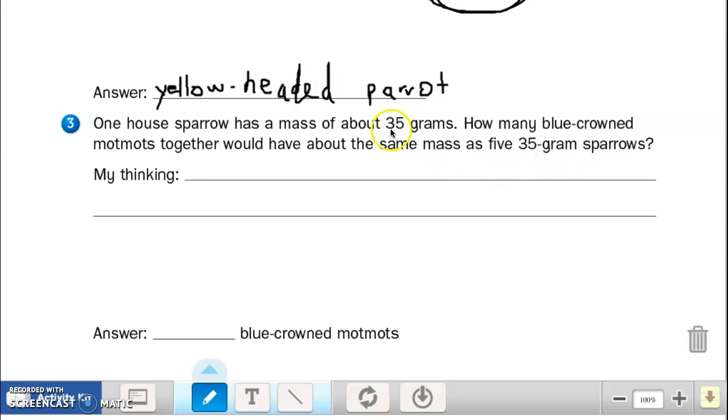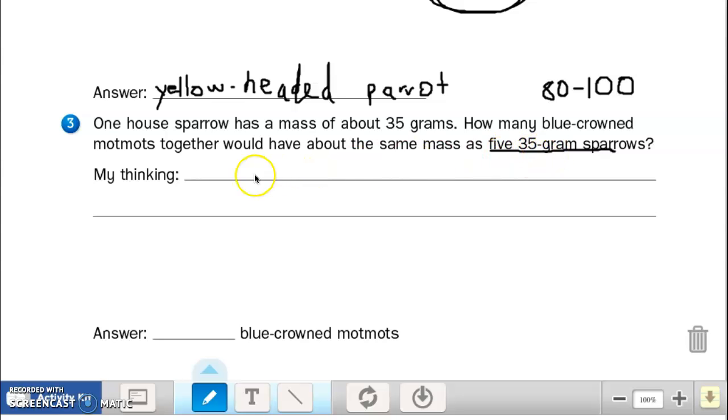So first of all, we have to figure out what 5 sparrows is. And I will tell you, a blue-crowned motmot is 80 to 100 grams. So it says how many blue-crowned motmots would be the same as 5 35s. So let's find out what 5 times 35 is.